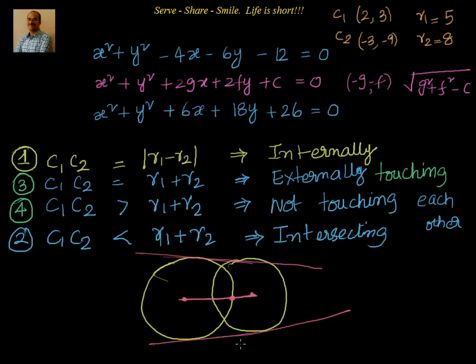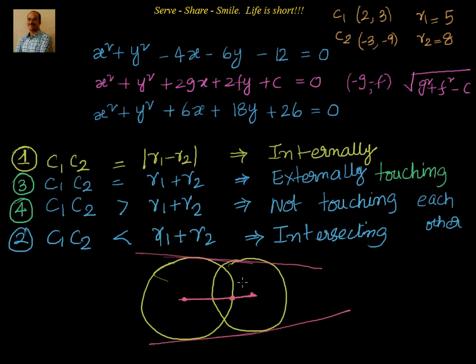Now what we have to do is find C1 C2 and check which condition is satisfied. If C1 C2 equals R1 plus R2, then the two circles are externally touching each other, therefore there are three common tangents. If C1 C2 equals R1 minus R2, then the circles touch each other internally, so there will be only one common tangent.